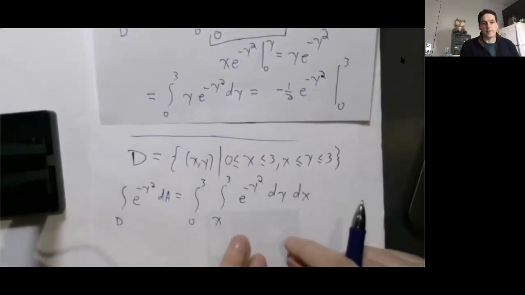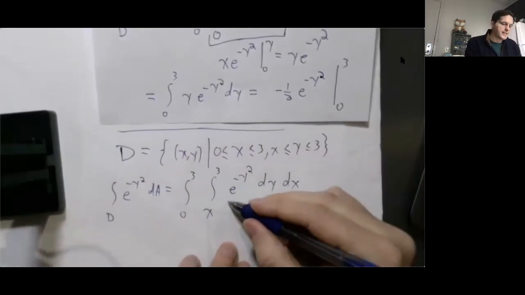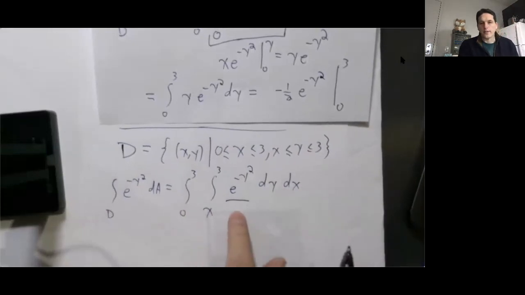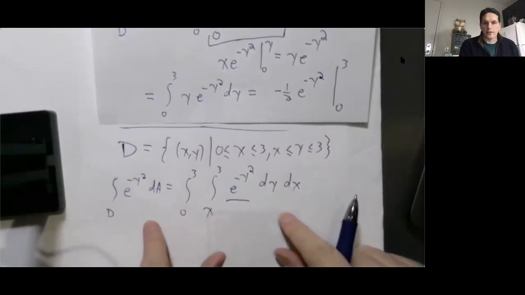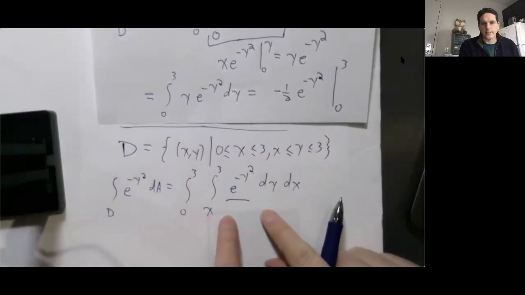But now we have a major problem because there is no elementary antiderivative for this function e to the minus y squared. We cannot find an antiderivative of this function with respect to y. So when we do it this way, our approach actually fails because we can't do the integral.